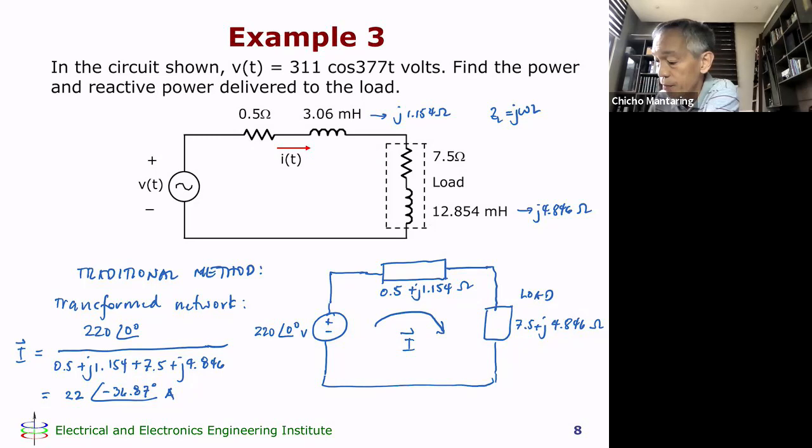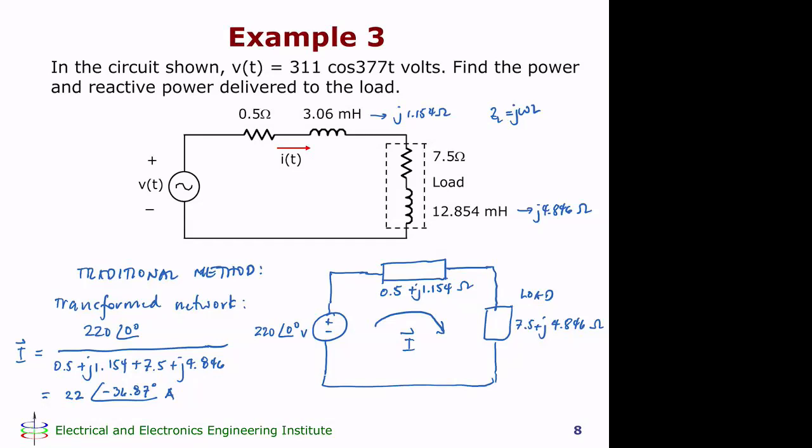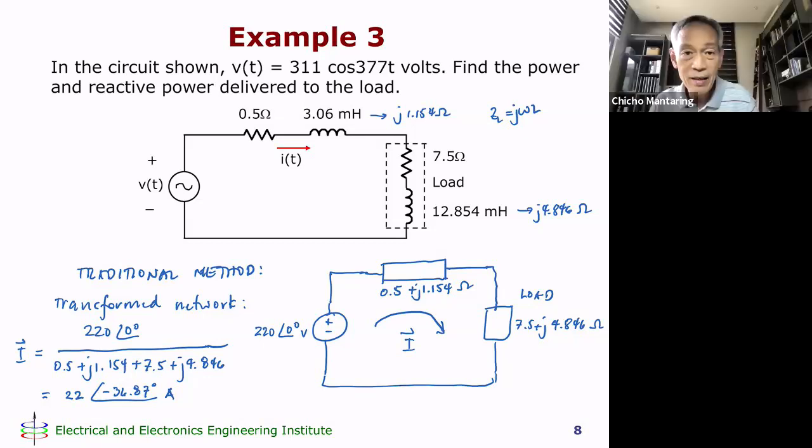Okay. I can already determine the power and reactive power delivered to the load. How do I do that? Any suggestions? Complex power? For complex power, I would need to know the voltage across the load.